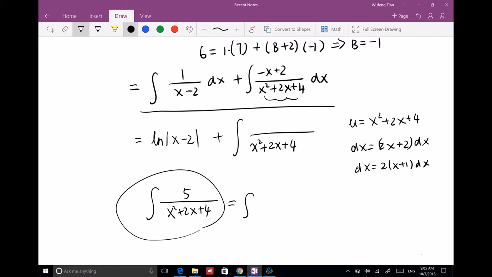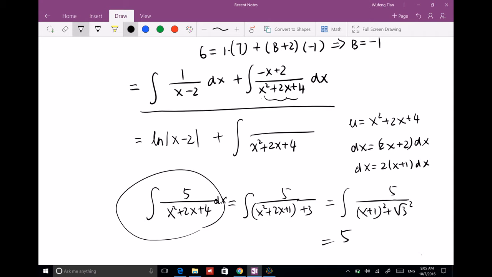Because I can change this into x squared plus 2x plus 1, then plus 3, and over 5. Then you are going to have x plus 1 squared plus square root of 3 squared, over 5. Then everyone knows this is an inverse tangent thing. So you're going to get 1 over square root of 3 times inverse tangent of x plus 1 over square root of 3. Okay? So if it's just a constant on the top, I have no problem with it.